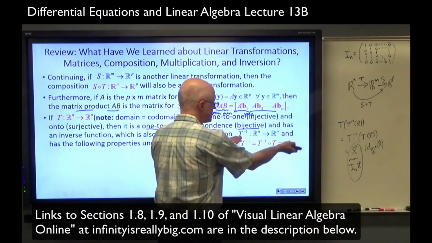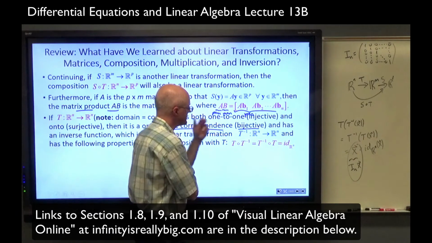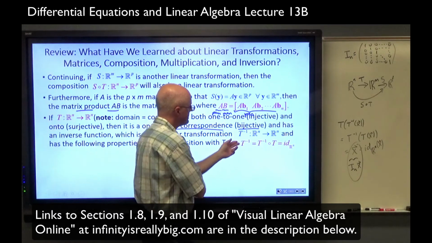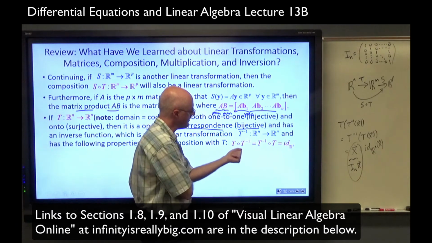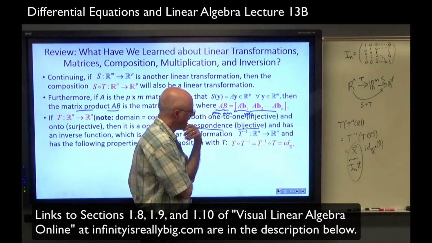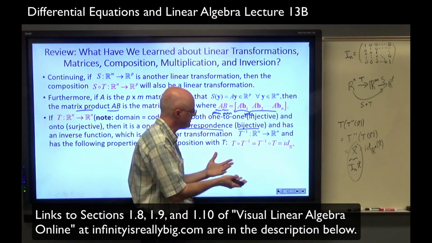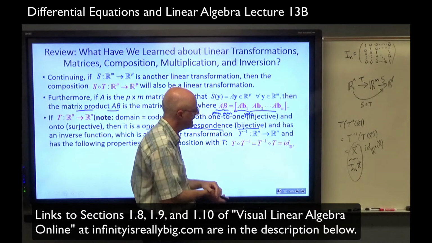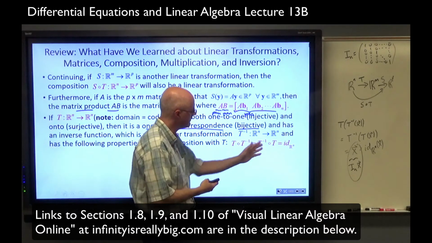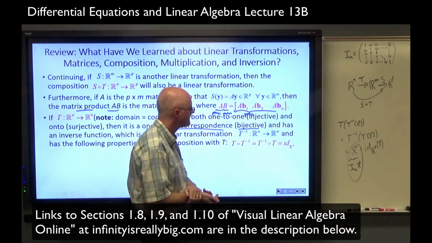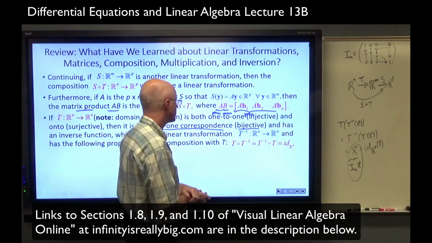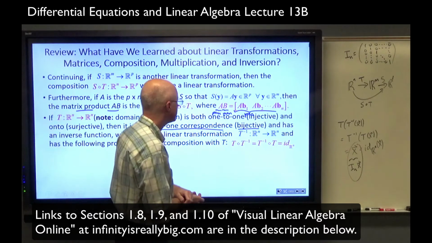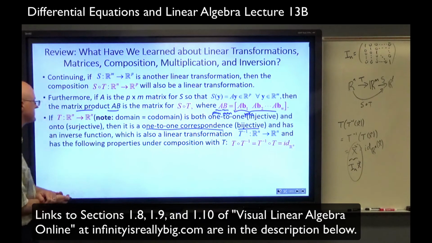But here I'm writing the same fact without bothering with the inputs. Emphasizing the composition operator, the circle operator, it's a binary operator. It takes two things and gives you something new, in this case two functions and gives you a new function. In general, it's not commutative, but with inverse functions, it is, at least when the domain and codomain are the same for T and T inverse.